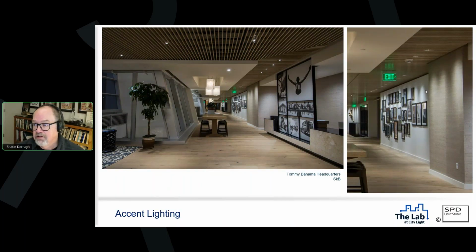So as you'll notice, there are oddities down here about lights on walls, and it just didn't turn out to be a great accent lighting project, and it could have been, but things changed at the last minute. And we didn't really have the ability to adapt with it. So be careful with accent lighting, right? If I was going to do this project again, I would have done wall washing instead of accent lighting, right?